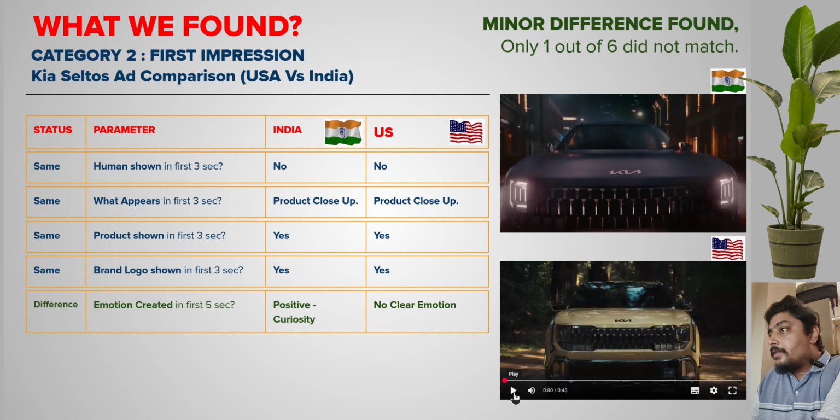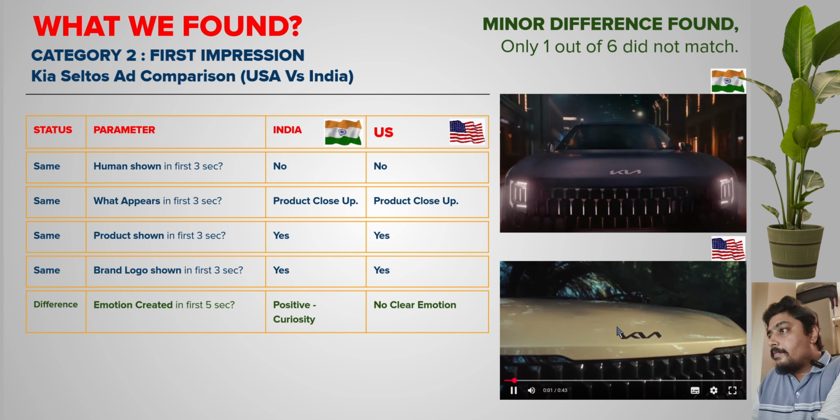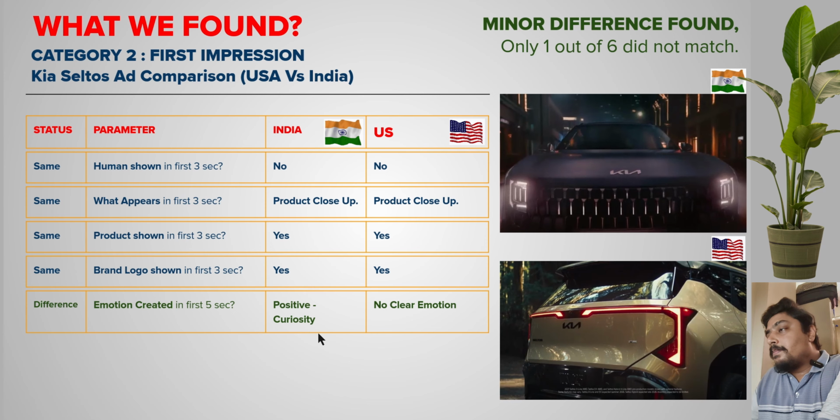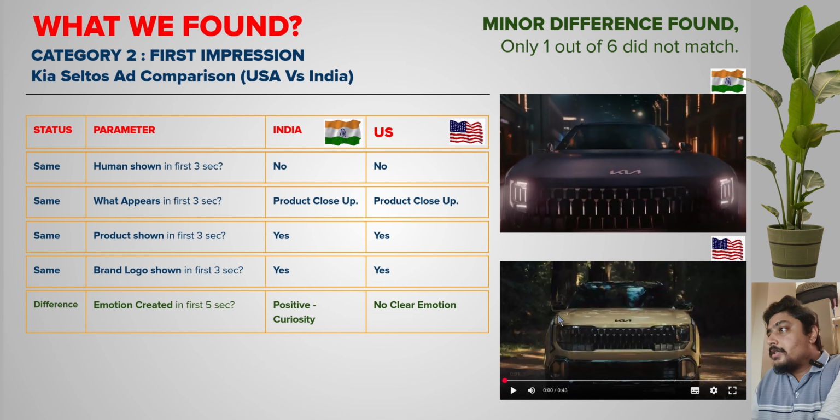But in the American scenario, the product was just directly shown. So in the Indian scenario, a positive emotion that included curiosity was created. But in the American scenario, the emotion was not clear, because they just directly jumped into showing the product on the screen.